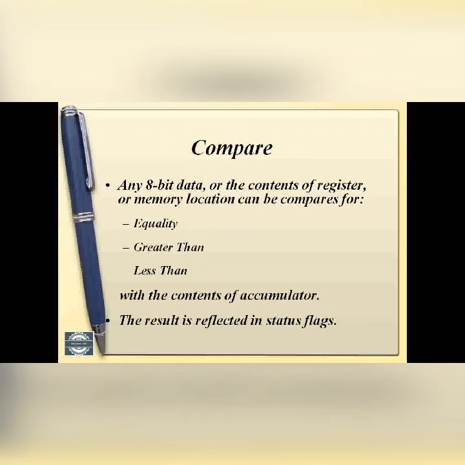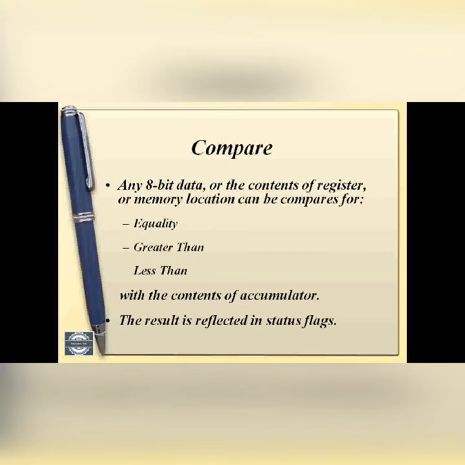Then compare. For comparing purpose, equality, greater than, lesser than, these all we can compare. Here the comparison is possible with the content of the accumulator. For that purpose, the result is reflected in the status flags.